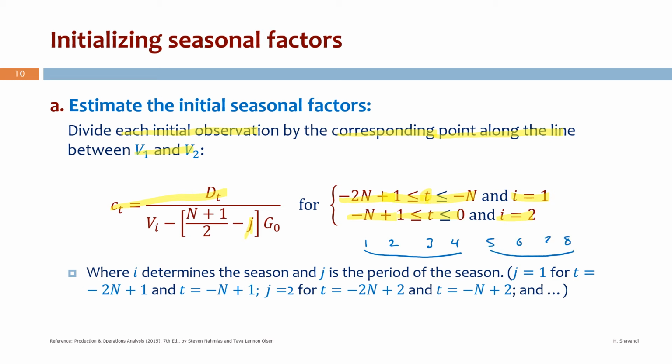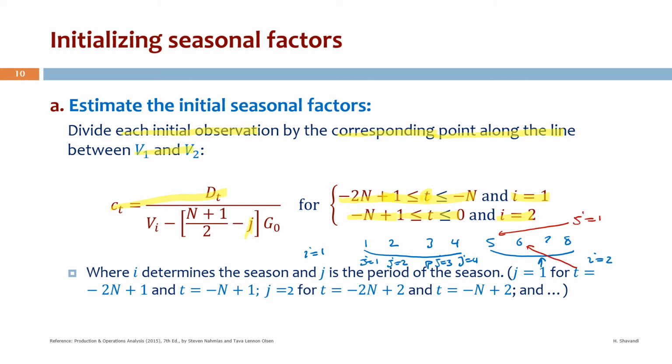So if we are here, i equals 1, and then j equals 1, j equals 2 for the second period, j equals 3 for the third, and j equals 4. And when we go to the second season, i will be equal to 2, but j for this will be 1.